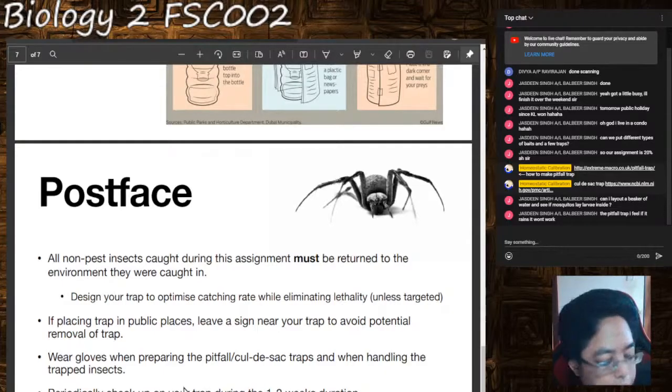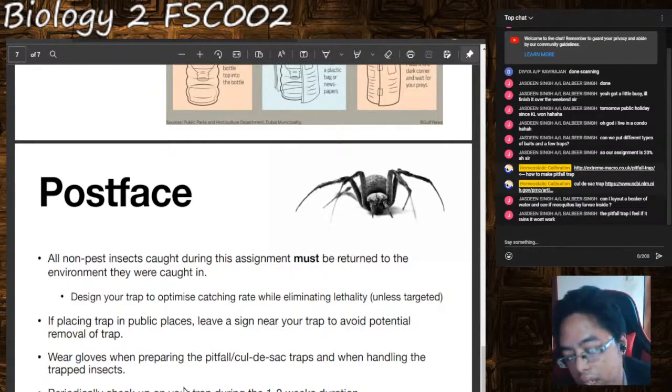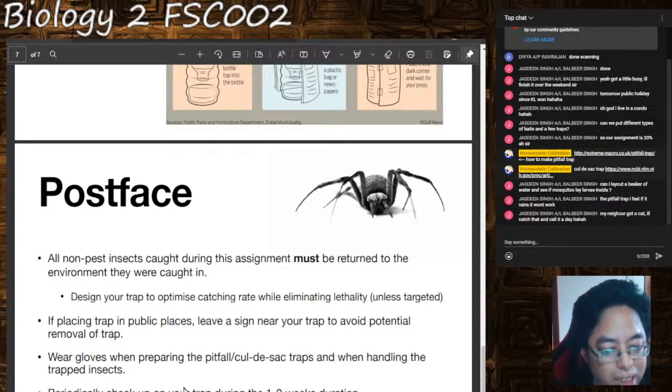One of my students actually used an oil bottle, the minyak cap buruh or something like that, and made a big trap. He wanted to catch a lot of insects. But what he found one week later was that a whole colony of ants had made that bottle its nest.